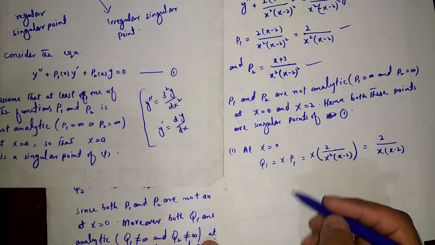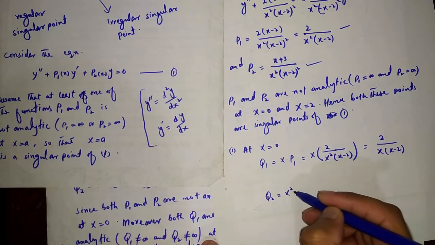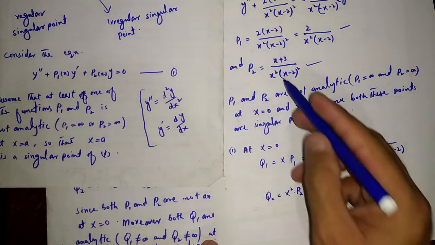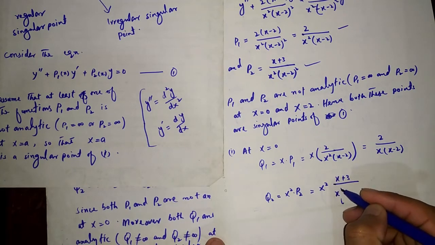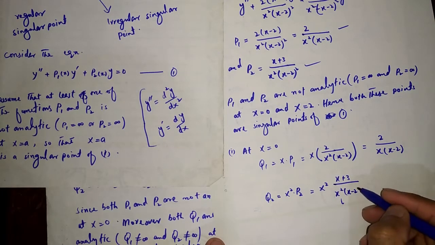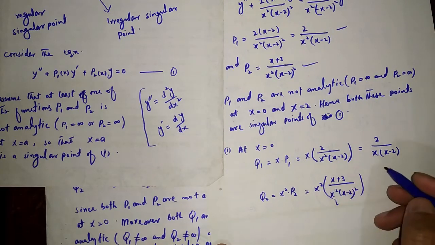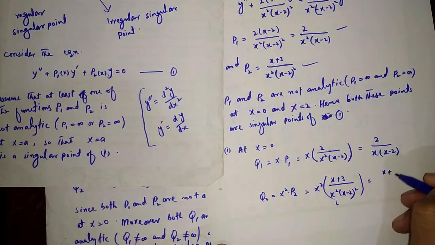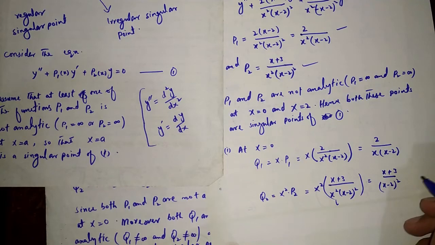And q2 will be equal to x square p2, which is x plus 3 divided by x square into x minus 2 whole square. So the x square will be cancelled, and we will get x plus 3 divided by x minus 2 whole square.